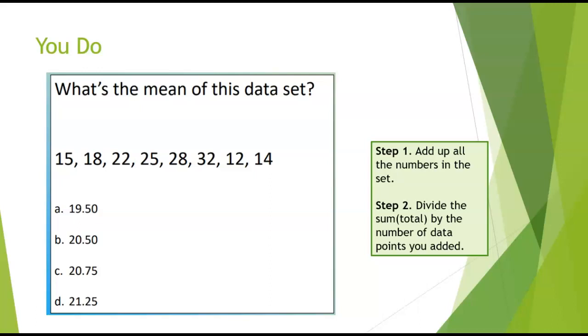You're going to add everything together and divide by 8. You can stop the video, do your math, and then see what you come up with. Okay, welcome back. If you got C, you got the right answer. The mean value of this data is C.